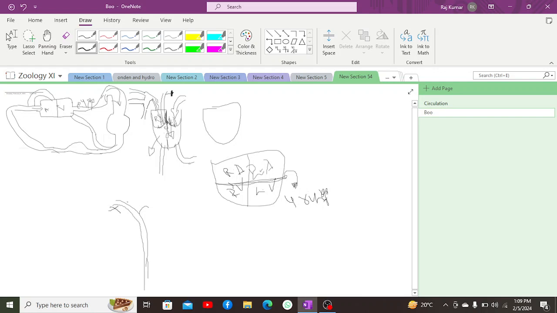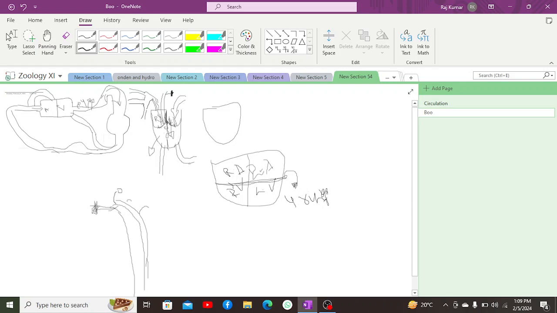The fibrous pericardium is made up of thick fibrous connective tissues, and the serous pericardium consists of a serous, membranous layer of two layers. First, the outer is the parietal layer, which is in contact with the fibrous pericardium, and the inner one is the visceral layer, which is in contact with the epicardium of the heart, and that is composed of serous layers.